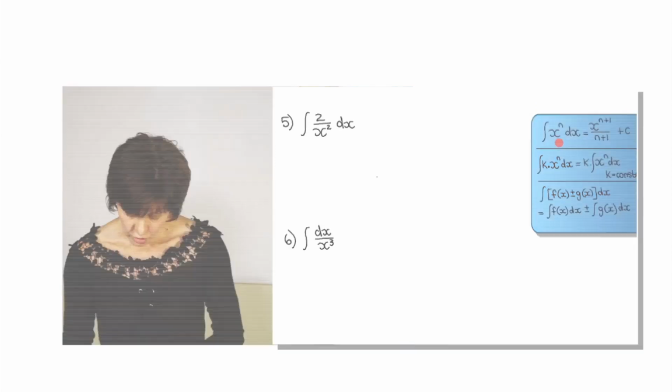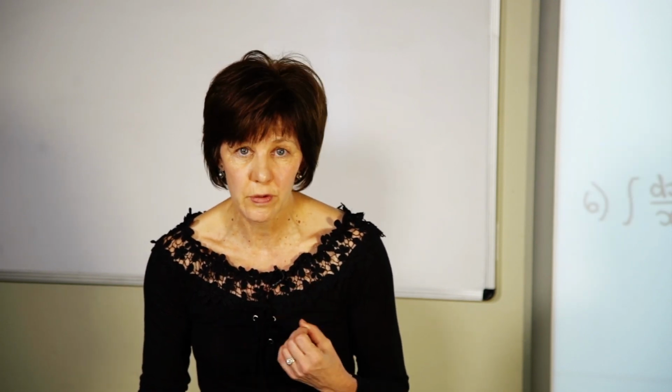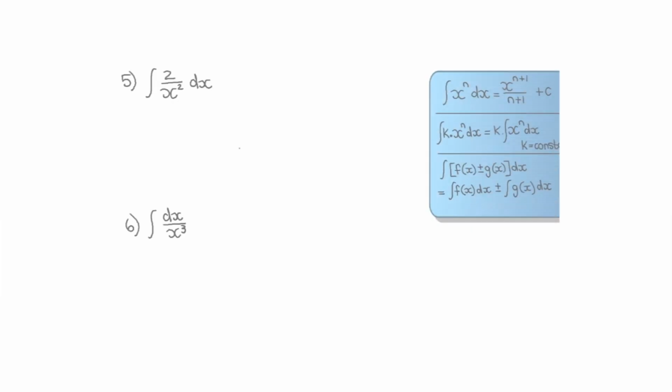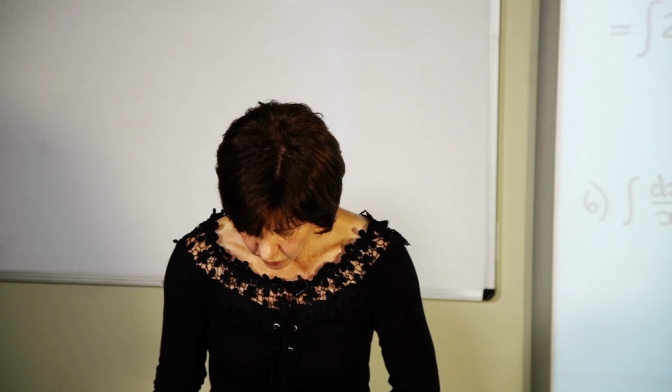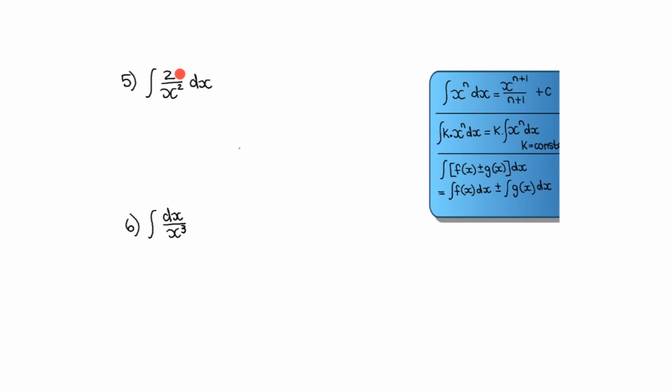So I'll have to take this x to the power 2 from the denominator and put it in the numerator. If you remember your exponent laws, the moment you take this power upwards, the exponent's sign will change to negative in this case. Which means, before I can integrate, the 2 will stay. I have to take this x to the power 2 upwards, and it will become negative 2, dx. Now I'm ready to integrate.